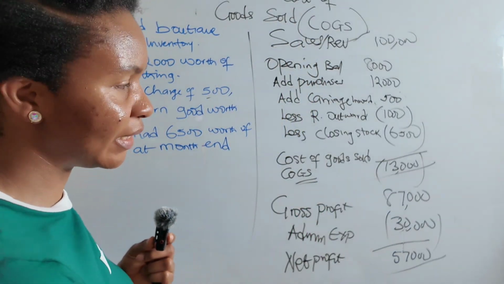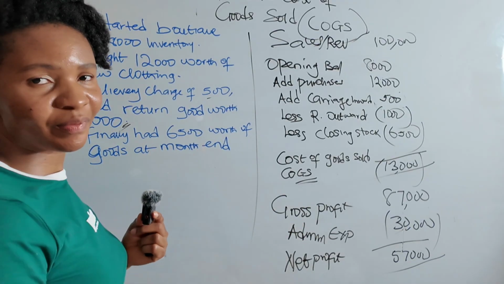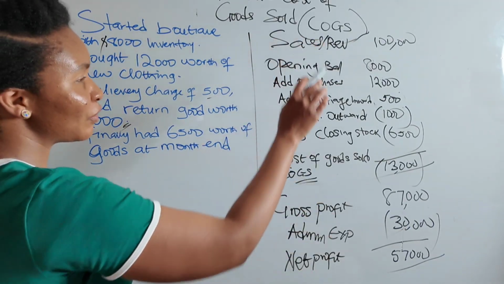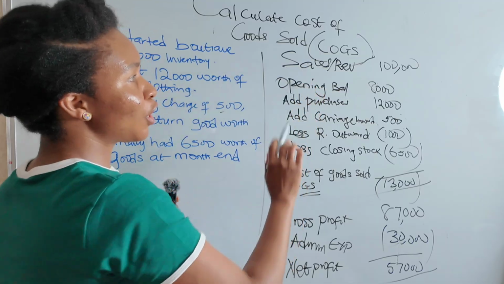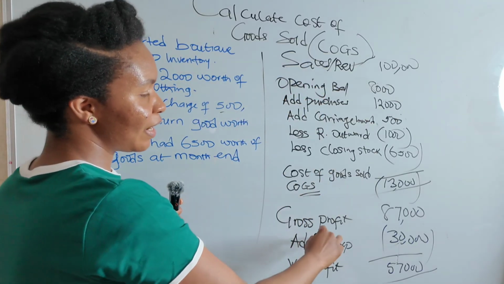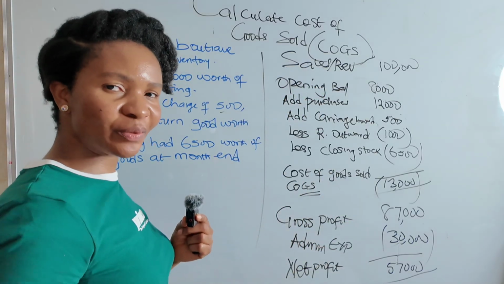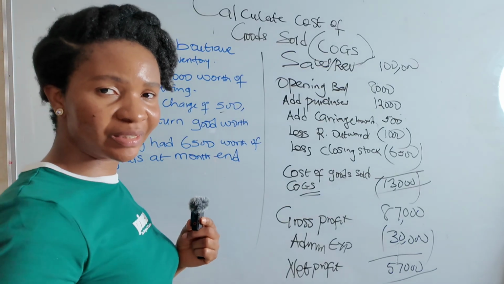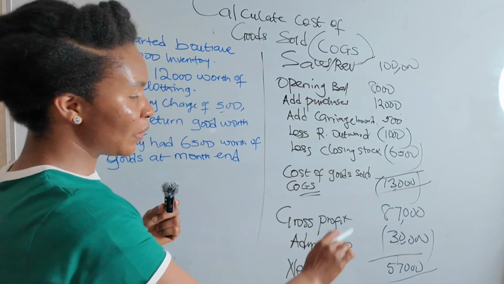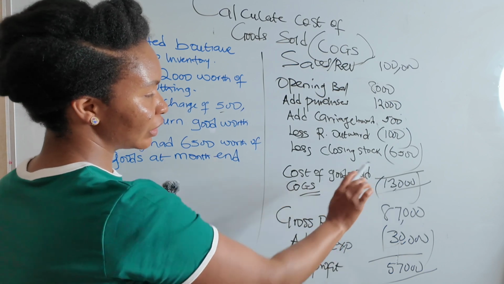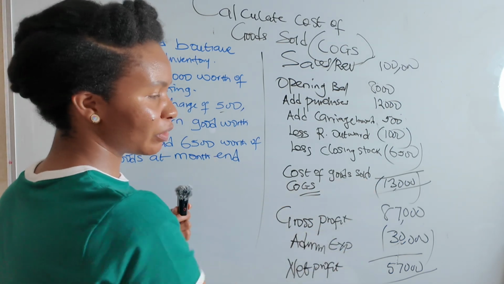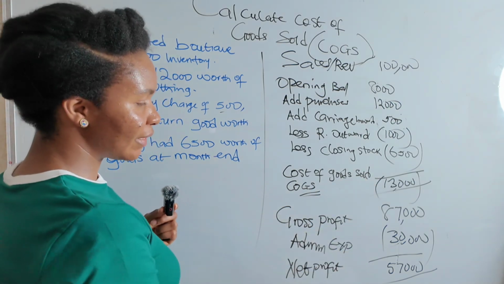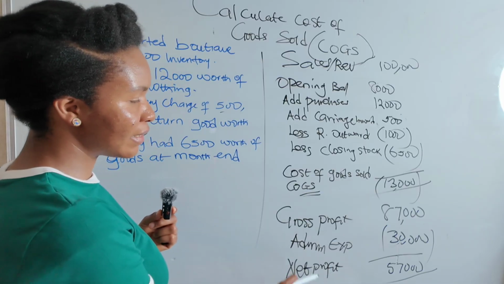Hope you guys can see clearly. So yes, this is how to compute cost of goods sold. However, we moved on to calculate our gross profit, which is not part of the equation today, but we're glad we did that so that you can have more understanding of it. So sales less cost of goods sold gave us our gross profit, and then we went ahead to calculate our net profit.